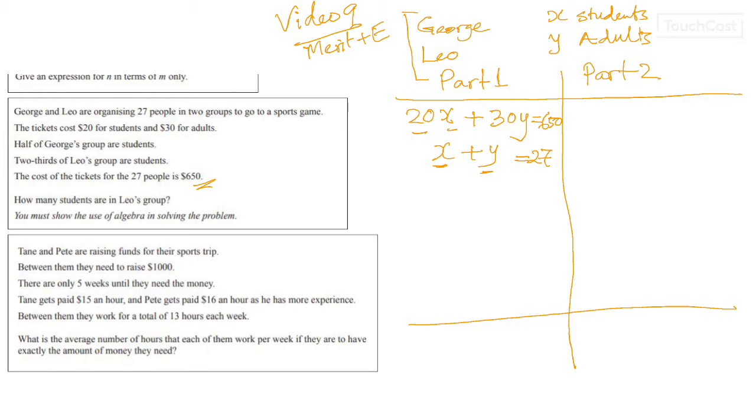Now we got to solve simultaneously these two, and what I can do, I can multiply this by 20 so that that coefficient of x is same and they will cancel out each other.